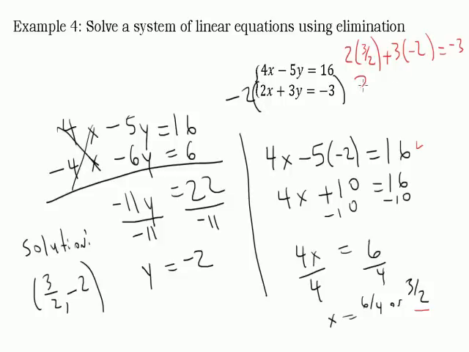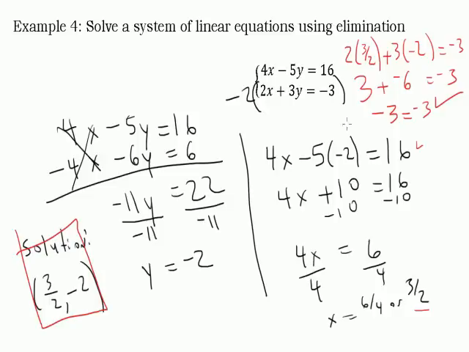Multiplying this out, we'll get 3 plus, well, minus 6. Let's see if that equals negative 3. 3 plus negative 6 is negative 3, equals negative 3. And that did indeed check. We could also check in the first equation. Should have worked there. But we're going to see our solution using elimination was 3/2, negative 2. And in fact, our solution using any method should have been 3/2, negative 2.